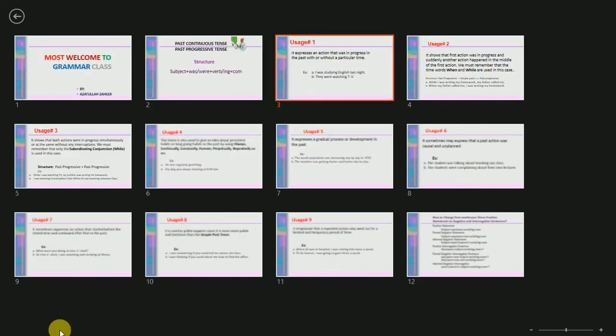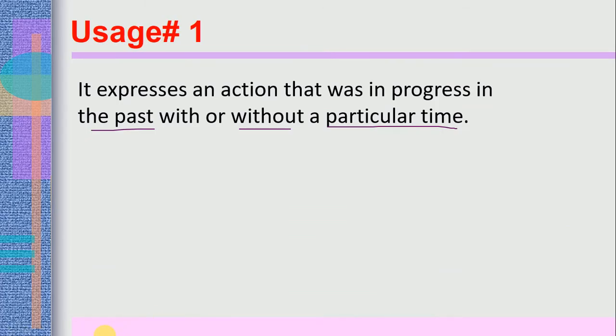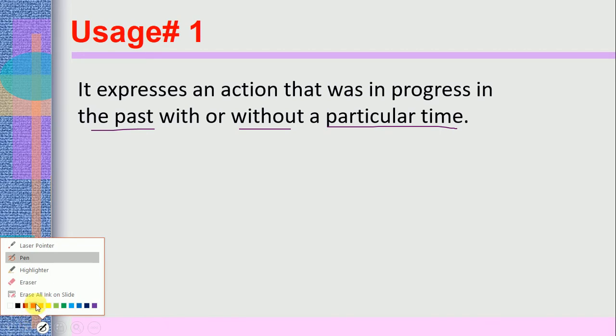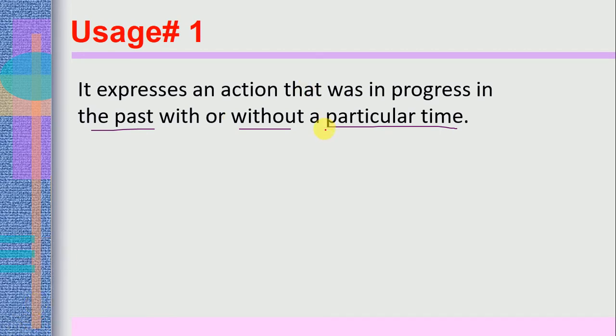It talks about an action which was in progress or not in progress at some specific time in the past. Whenever you talk about an action which was in progress at some specific or unspecific time, you have to use past continuous tense. Remember that past continuous tense is a second form of present continuous tense.